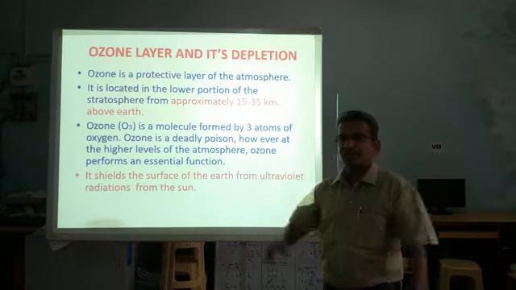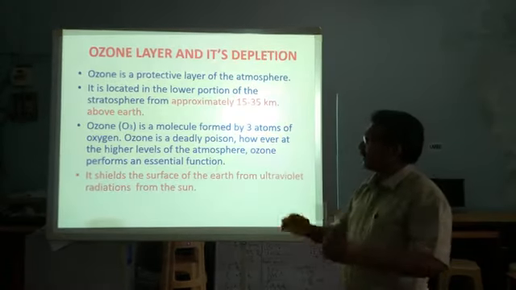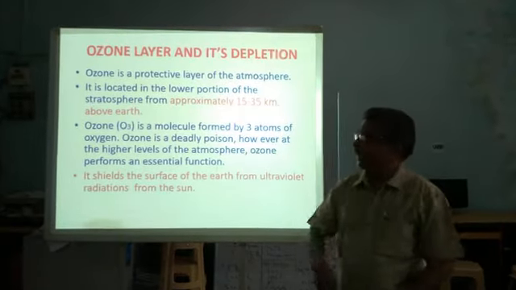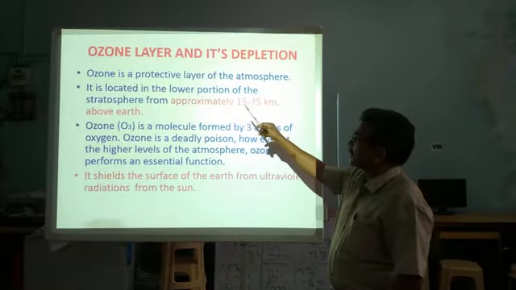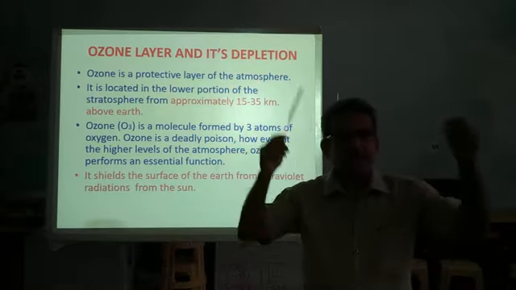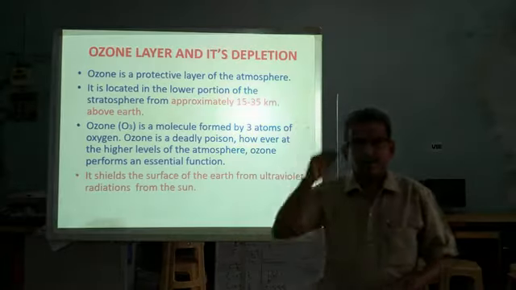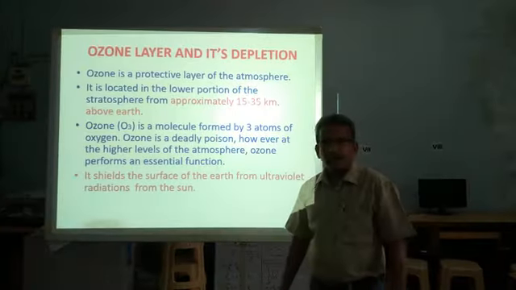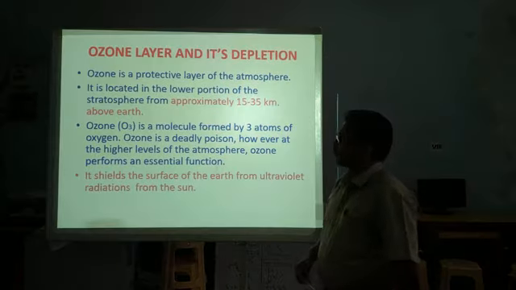In the stratosphere, we can see a thick layer of ozone. And in that area, the ozone is treated as a protective layer of the atmosphere. Whenever the ozone is there in the upper stratosphere, it is a protective layer. It can act as a protective layer for the lower atmosphere.